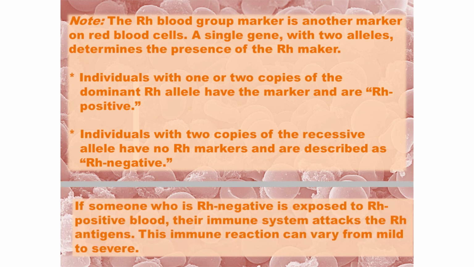If you're Rh negative and you get Rh positive blood, then your immune system is going to attack those Rh antigens on the cells that you receive. And the immune reaction can vary from mild, where you barely notice it, to severe, where this can even lead to death.